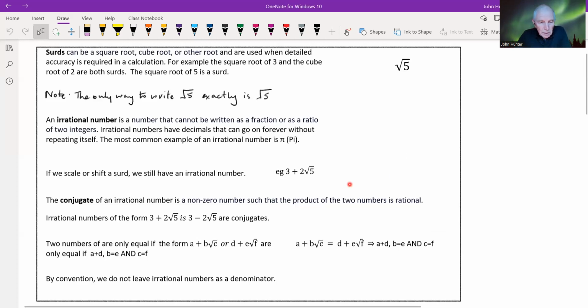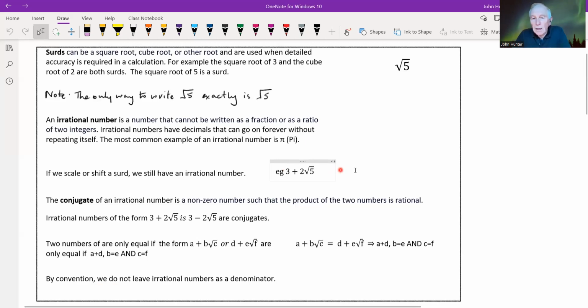Okay, so the text has got a bit mixed up there, but that's what we're talking about. By convention, we do not leave irrational numbers as a denominator. Sometimes we may well see numbers of this form as either a numerator or a denominator or both.